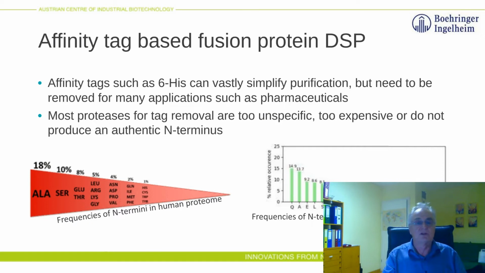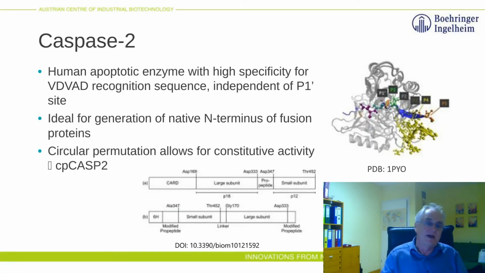So what have we done? I already mentioned caspases. We have used Caspase 2, and Caspase 2 has the advantage that it has a recognition site of 5 amino acids.